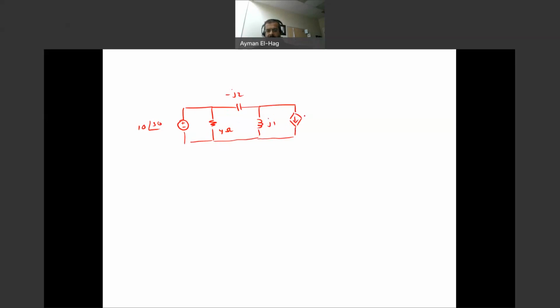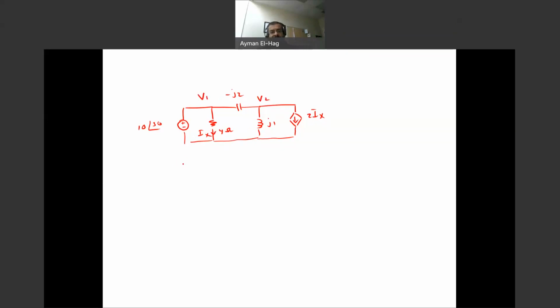So this is good to refresh your memory. Ix. And what is Ix? Ix is this current. So this is a dependent source that depends on another variable in the circuit, which is Ix. Here we have V1 and V2.